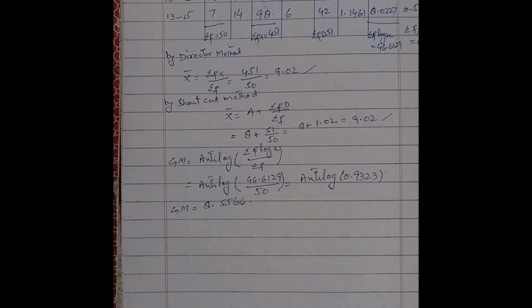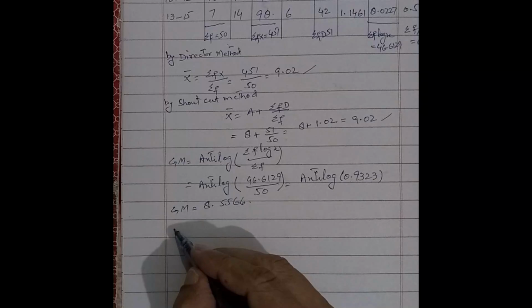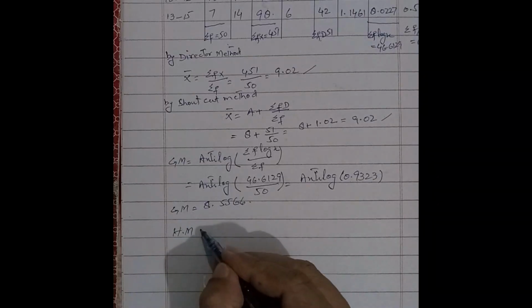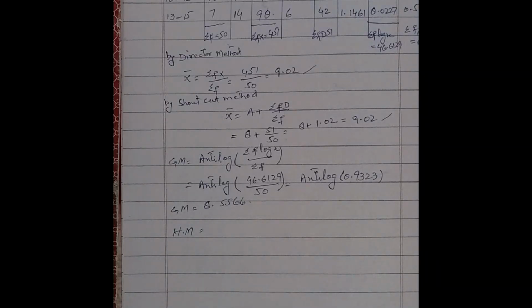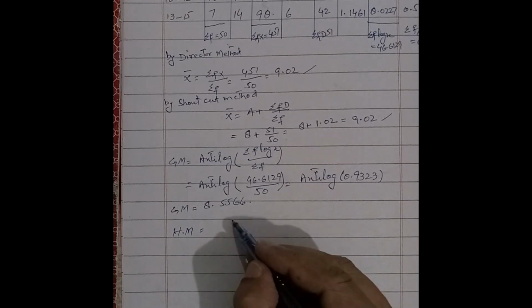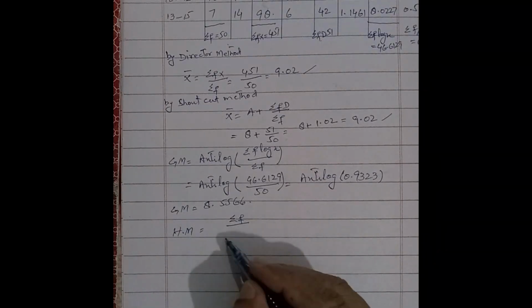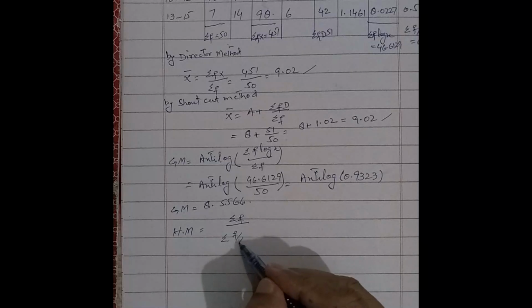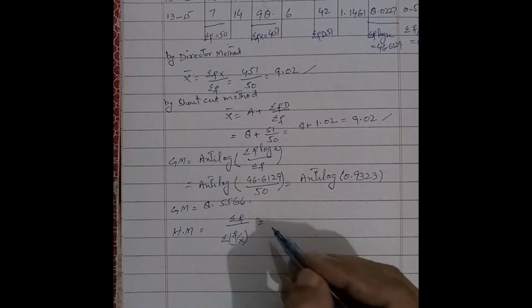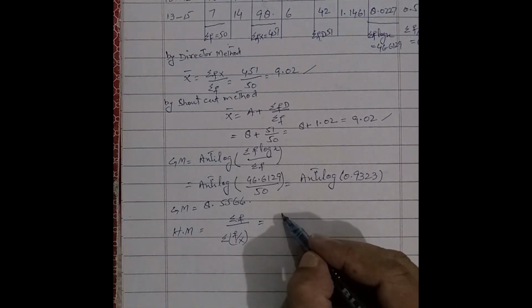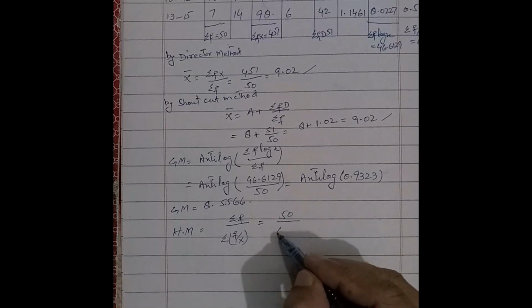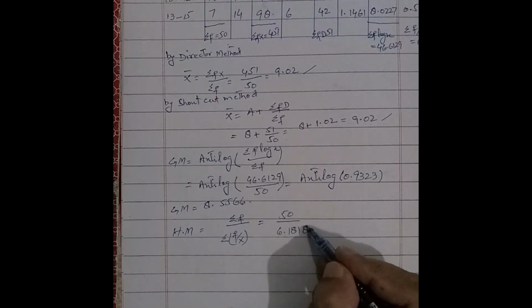we get geometric mean equal to 8.5566. And next the harmonic mean, we write it HM, whose formula is summation f over summation f over x, and we put the values, which is 50 over 6.1818.